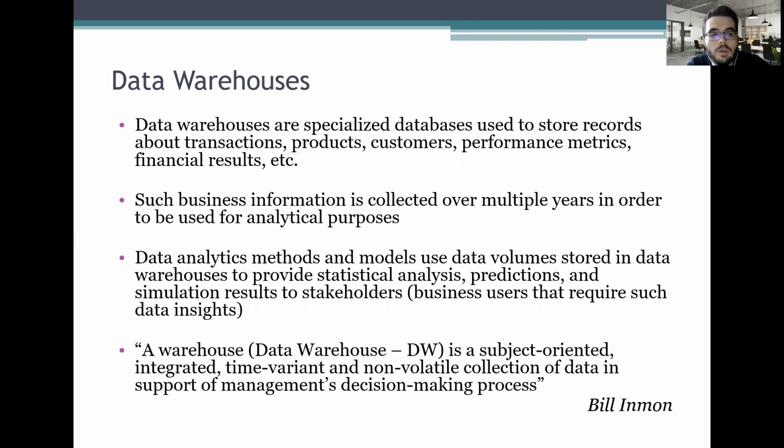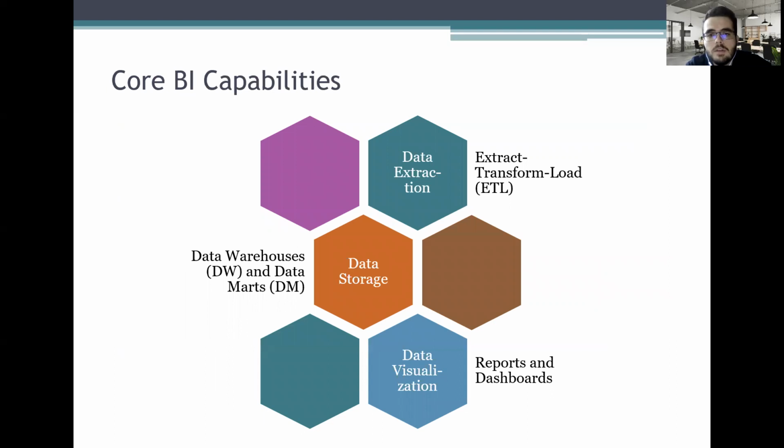which is really great. But besides data warehousing, the core BI capabilities, the core capabilities of business intelligence, are not only data storage using data warehouses and data marts. These are also data extraction. We need to somehow move data from multiple sources, from files, from IT systems, from Excel spreadsheets, from web service logs to data storages.